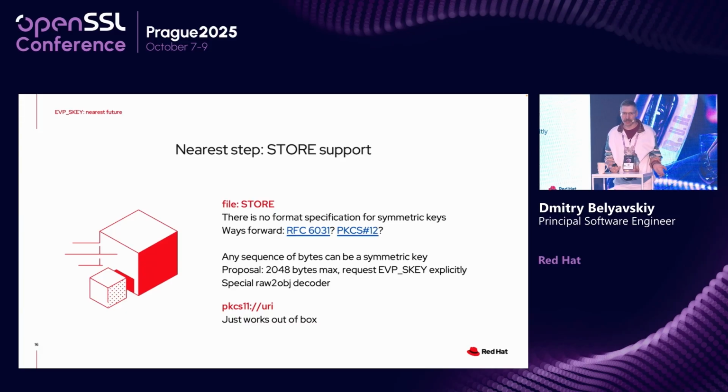For PKCS 11, you can just specify the URI and it will just work. And I have tests in the PKCS 11 provider that will be automatically run when the store API is merged. I hope I will get reviews from the OpenSSL committers. Unfortunately, before the conference, I didn't manage to get them.